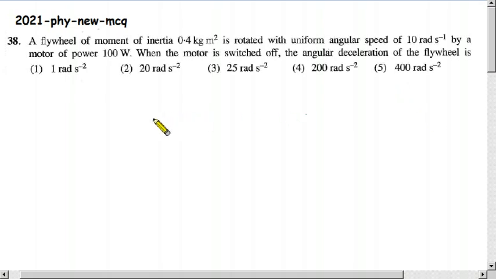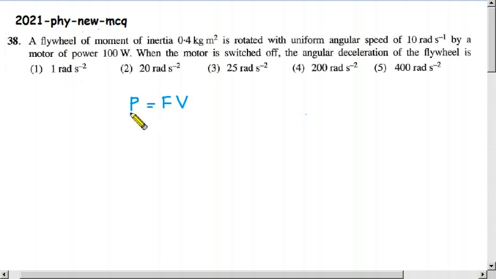So children, you must have learnt the linear motion before rotational motion. In that lesson you must have learned this equation, P equals Fv.